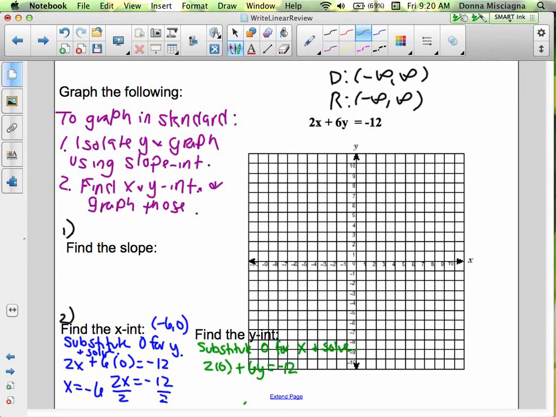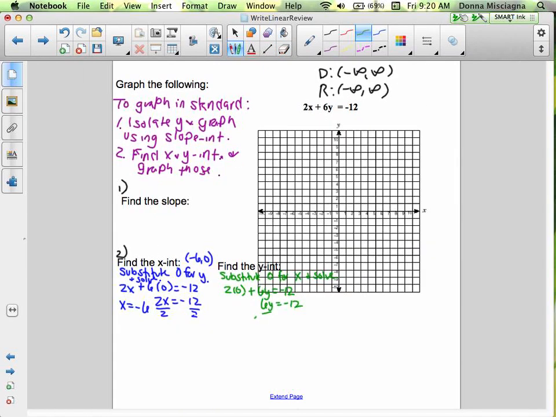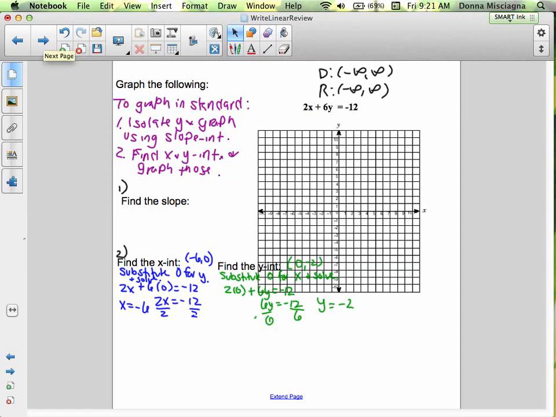That would just be 0. So 6y equals negative 12, and we'll divide both sides by 6. Trying not to hit the extend the page, but well, I did anyway. And so y is negative 2, and so the point there would be 0, negative 2. I did not mean to extend the page there, but I think we can still work with this. You can still see everything.